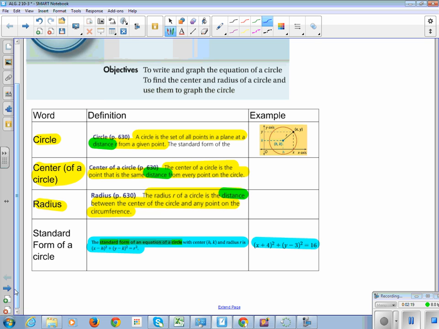If you overlay the standard form on our example, then we have a center of -4, 3, and we have a radius of 4.